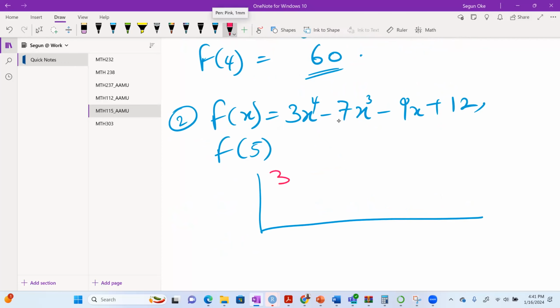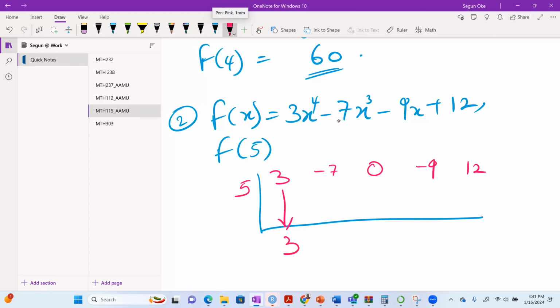I have 3 here. I have -7. In this case, you have to be careful because we don't have the x squared value here. We have 0 because x squared is not represented. Then we have -9, and you have 12. Don't forget your 5. Then bring your 3 down.